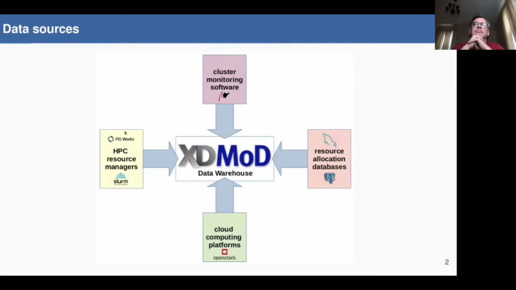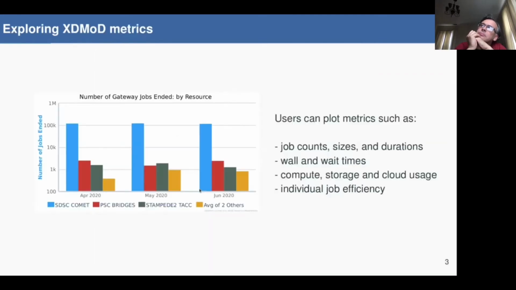For instance, accounting information about HPC jobs from resource managers, and virtual machine provisioning data from cloud computing platforms. These are all collected and aggregated together in the XDMoD data warehouse. And then, from there, users can plot the metrics on accounting and performance data for their computational jobs.